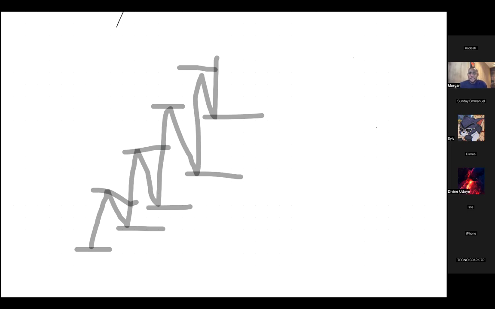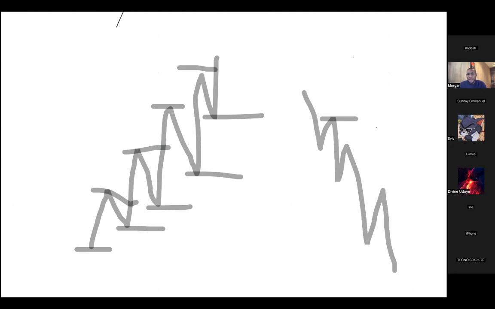So as you can see here, price is just respecting these lower levels, these higher low levels, respecting these high levels and breaking the lows, thereby making what they call a lower low and a lower high, because this high is lower than this. This low here is higher than this. That's why it's called a higher high.